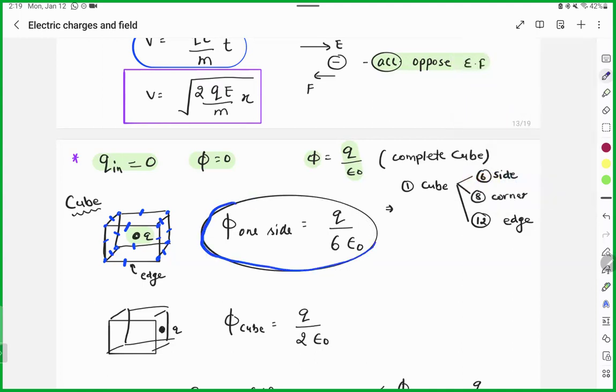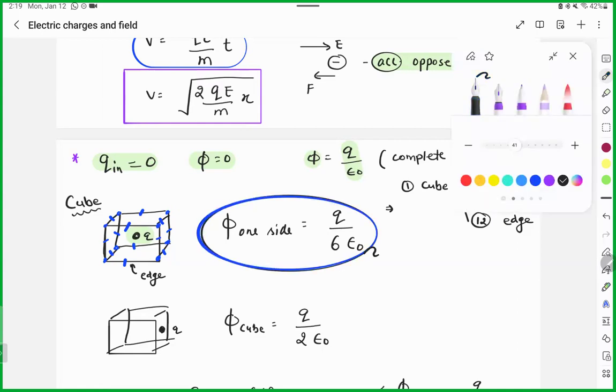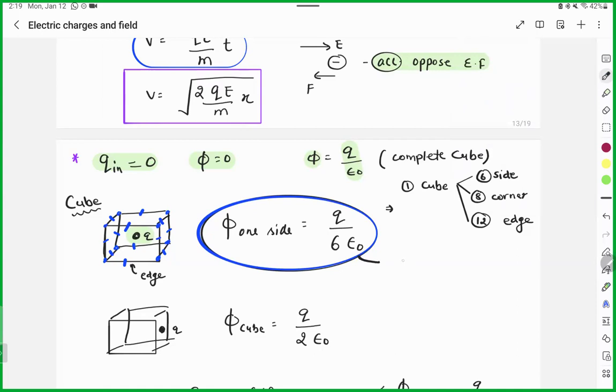Example, for six sides, your phi value will be equal to Q by epsilon naught. For one side, any doubt, guys? No, sir.